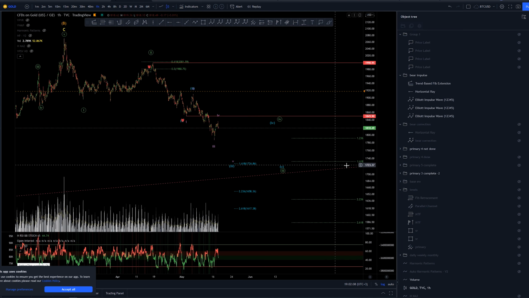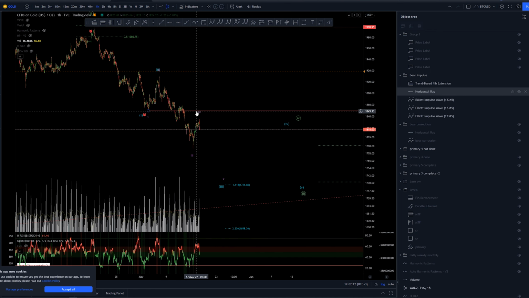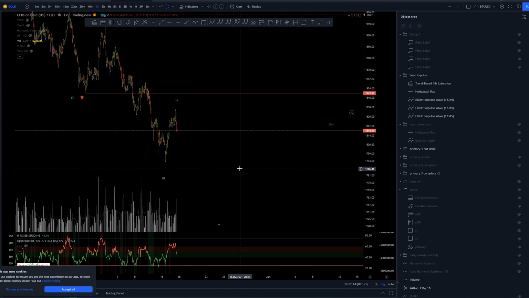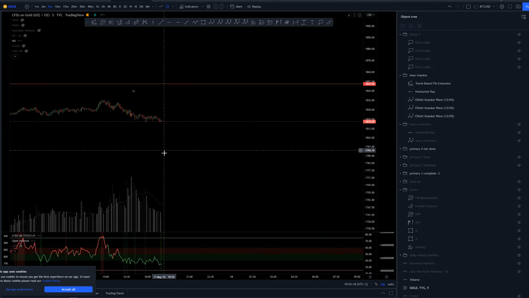There's not much to talk about in gold. I'm looking for shorts for sure. Even on this current pullback, this looks kind of bearish.